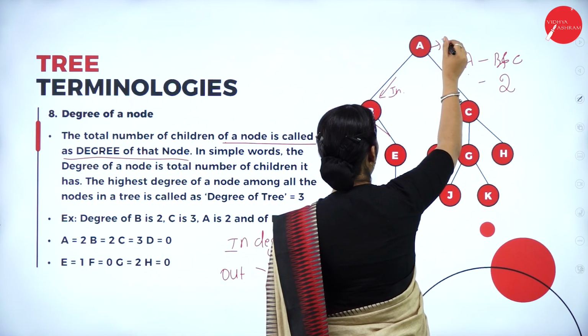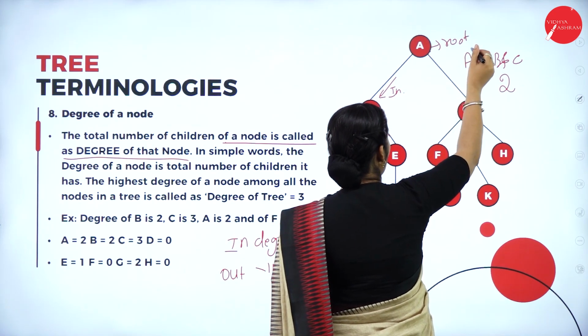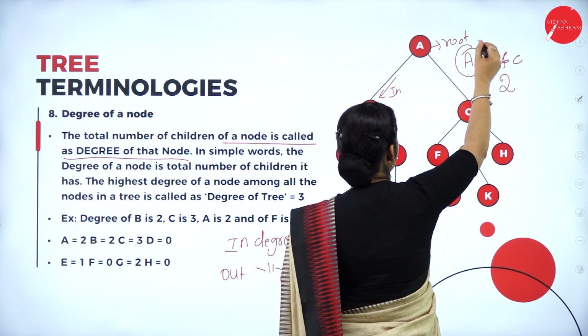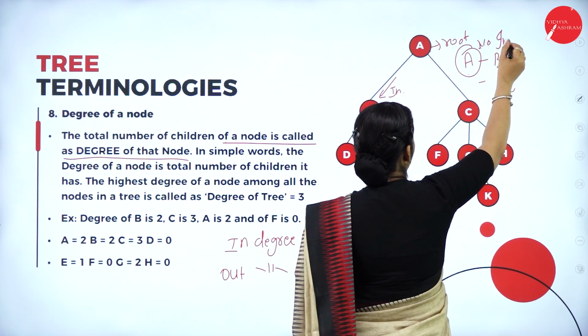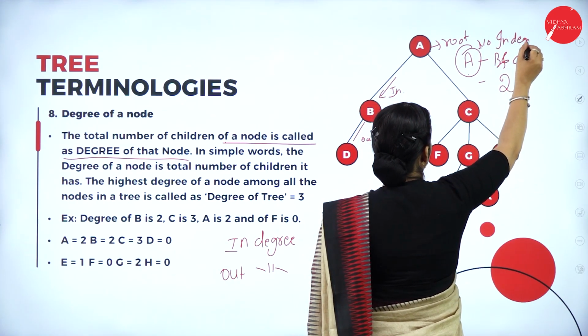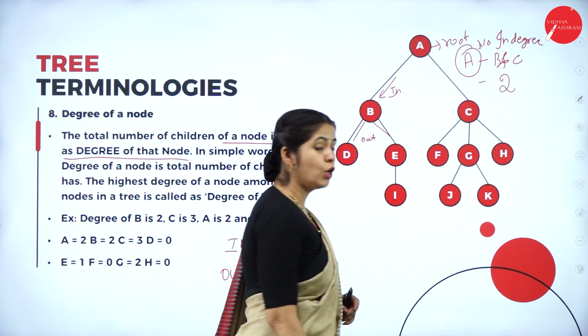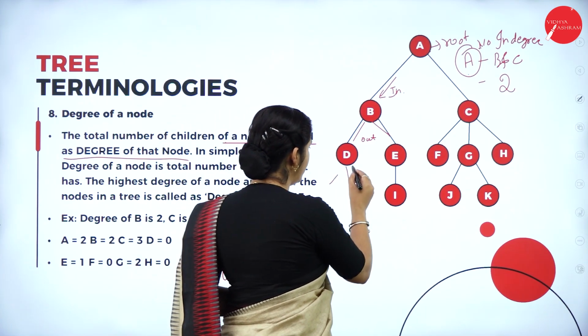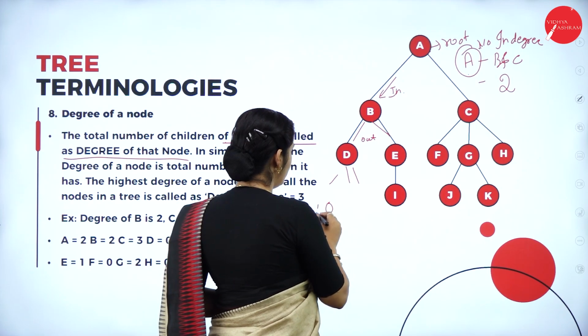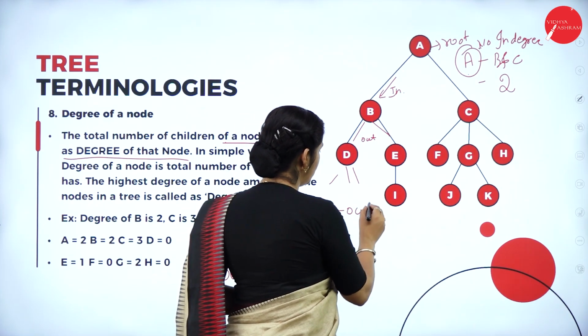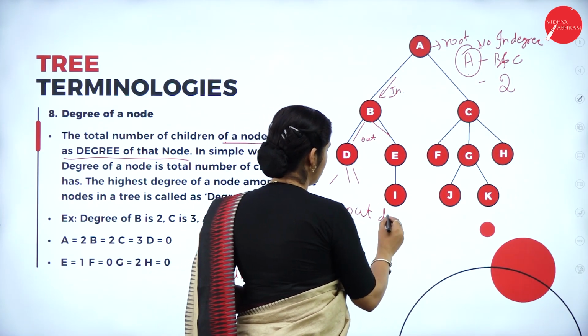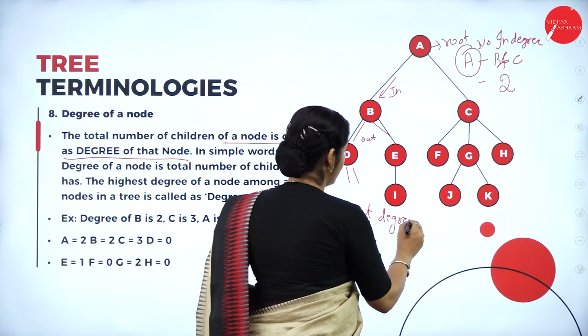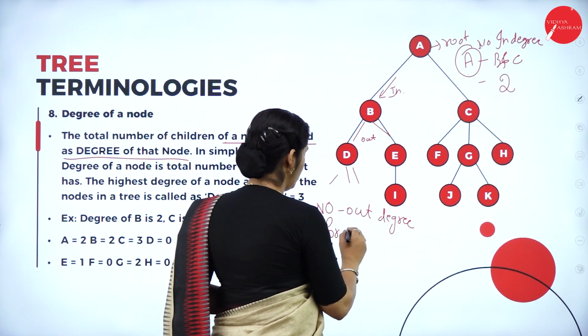Since it is a root node, we don't have any in degree. There is no in degree for the root node and there is no out degree for the leaf node.